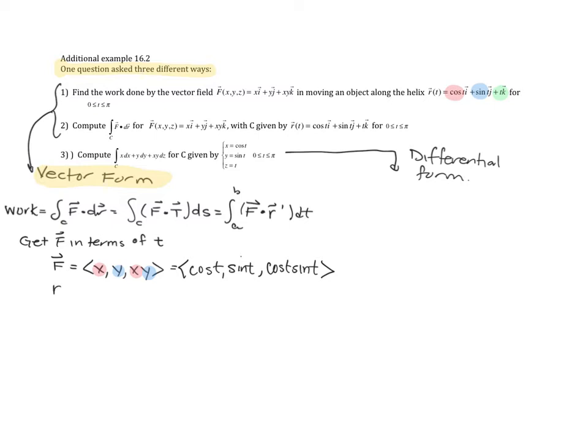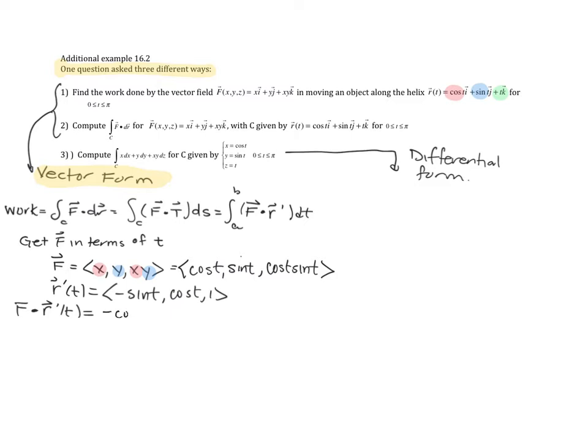I need my r prime. So r prime is minus sine of t, cosine of t, 1. So the dot product, F dot r prime, all in terms of t, equals, we're just dotting, cosine times minus sine, sine times cosine, cosine sine times 1.